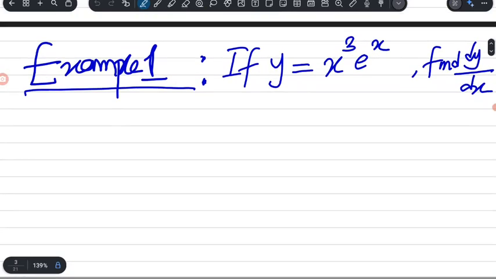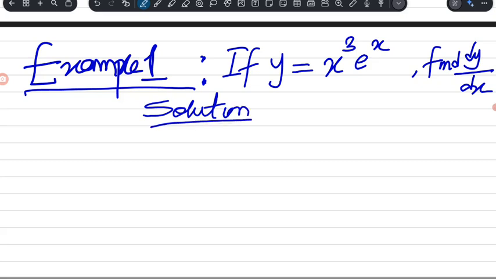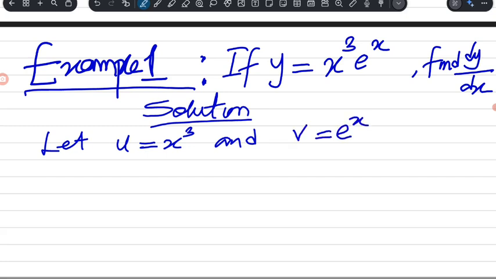This is example 1. It says, if y is equal to x raised to power 3 times e raised to power x, find dy/dx. Solution: let u equal x raised to power 3 and v equal to e raised to power x, as it's uv.